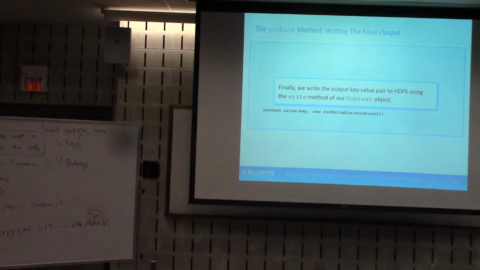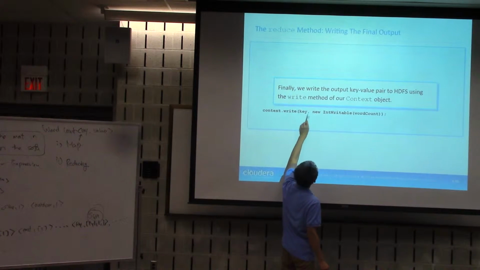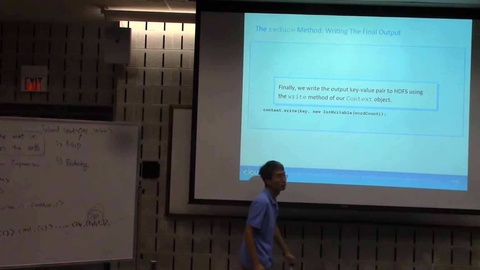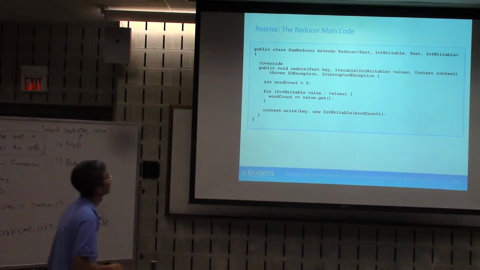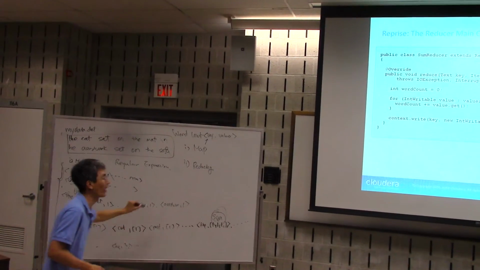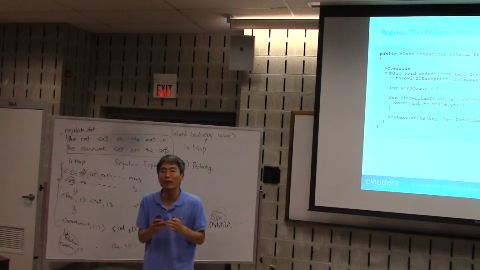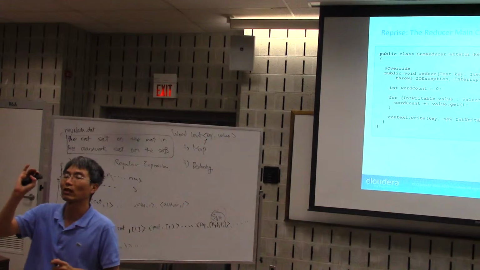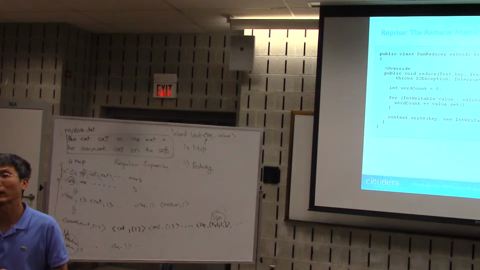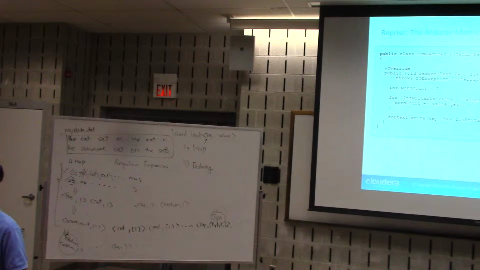Then we can write the key and word count. That's it. You don't have to specify how to write the data. It automatically creates the file in the HDFS where the reducer is running. If you have 3 reducers on 3 nodes, you will have 3 files.